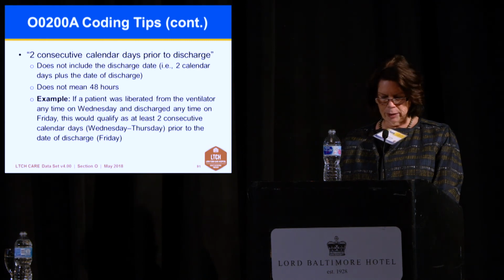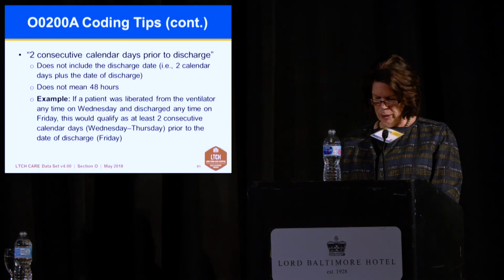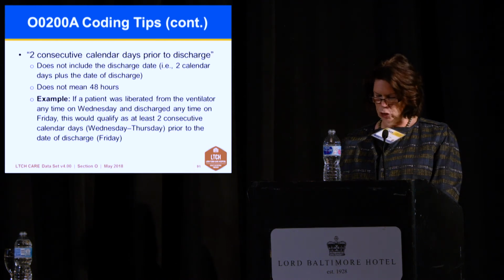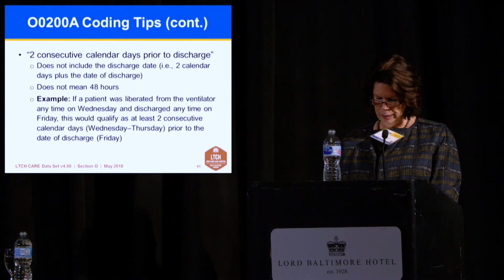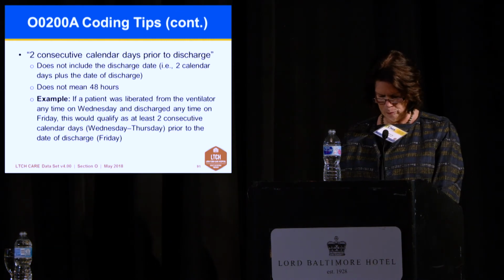And that is correct. 2 consecutive calendar days does not mean 48 hours. So as an example, if a patient was liberated from the ventilator any time on Wednesday and discharged any time on Friday, then this would qualify as at least 2 consecutive calendar days, Wednesday and Thursday, prior to the date of discharge, which in this example is Friday.